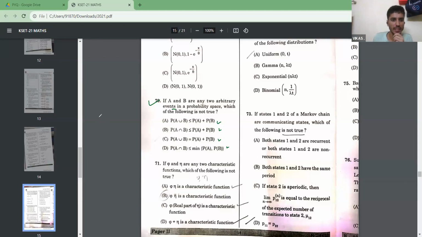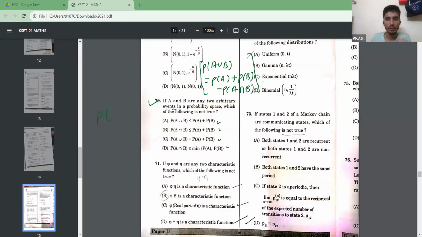You have seen that the probability of A union B is equal to the probability of A plus the probability of B minus the probability of A intersection B. By this formula, you can easily do this question. There are 7 to 8 such formulas in probability theory.